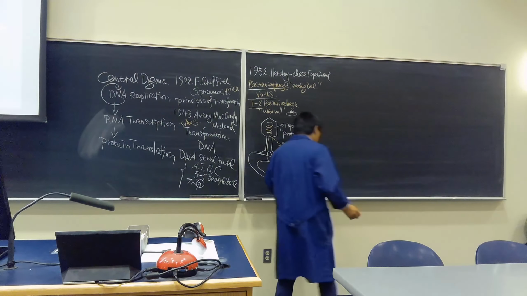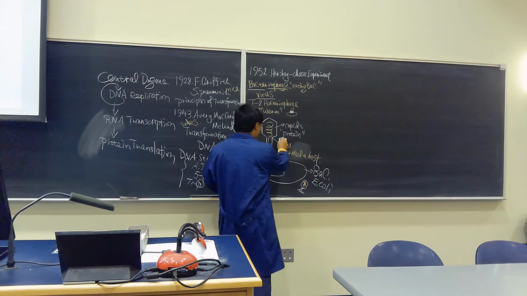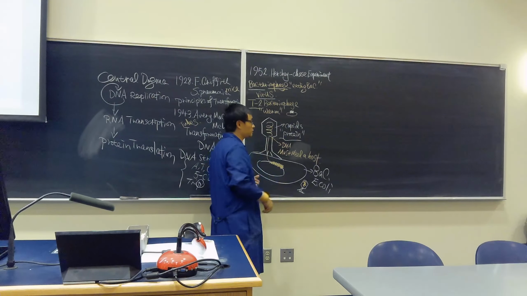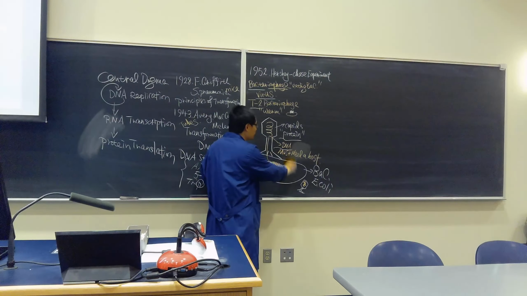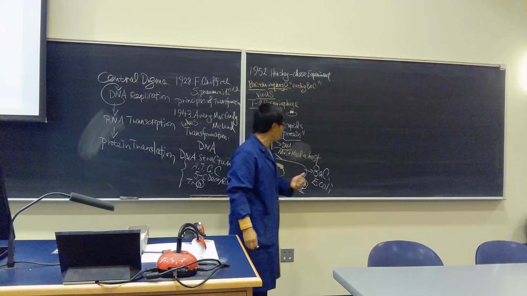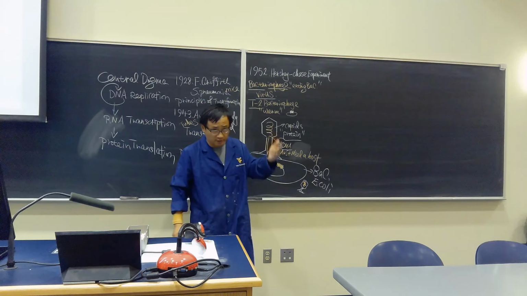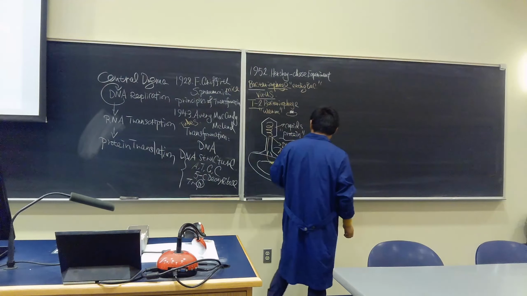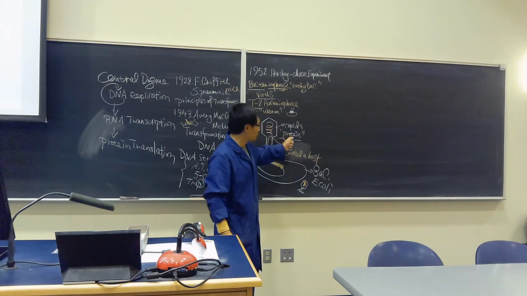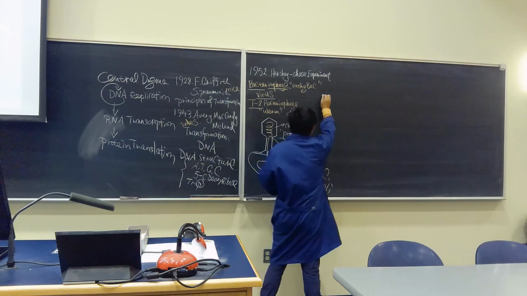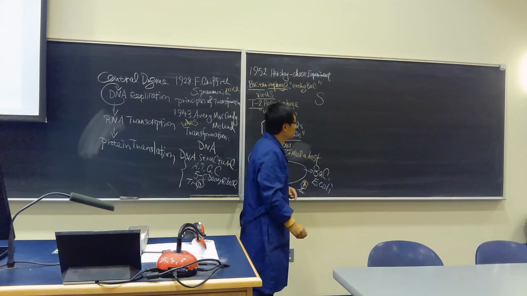So how are we going to do it? How are we going to verify it? Those two guys noticed that there are very special chemicals belonging to protein but not to DNA, and the other way around. So what chemical exists only in protein, not in DNA? It is sulfur, is that right?